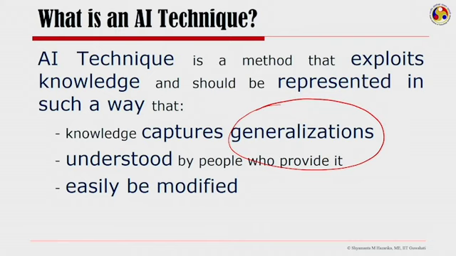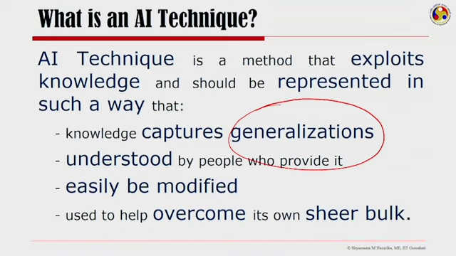And this new knowledge that I create out of existing knowledge should be created by very simple operations. This, I think, is what drives an AI technique, and an AI technique is therefore these three things used to help overcome the sheer bulk that is required.